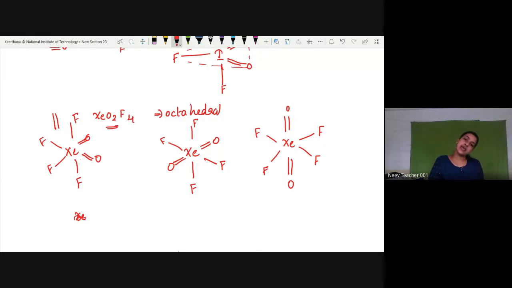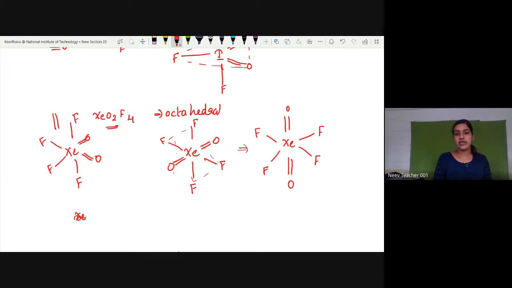If you look at it this way, the oxygen is here, but if you look at it from some other way, you will find it is the same. Both are the same. Looking this way, this is in the plane, but from some other way, you will find this as a square planar structure, and this as upper and this as lower.